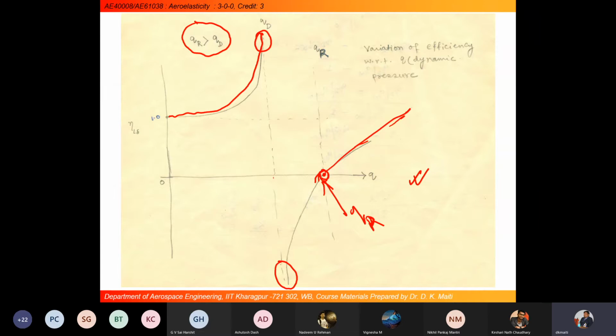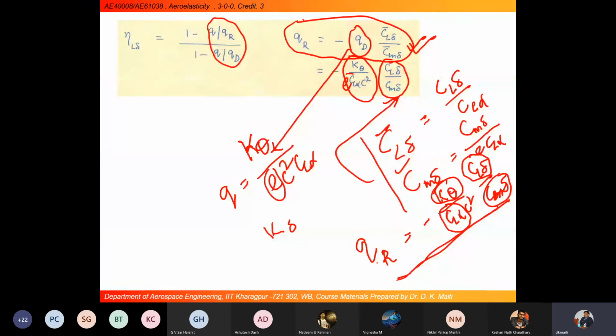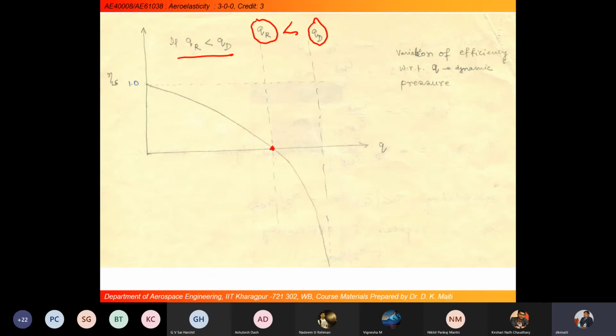So, this is the nature of the curve we are getting in this expression, which we finally obtained: eta delta, eta L delta, is equal to 1 minus q by q reversal divided by 1 minus q by q divergence. Depending on the values of divergence speed and reversal speed, we are getting two different natures of the efficiency curve.